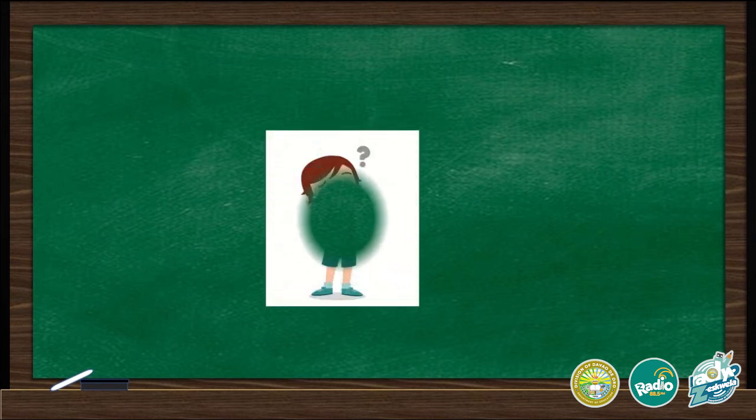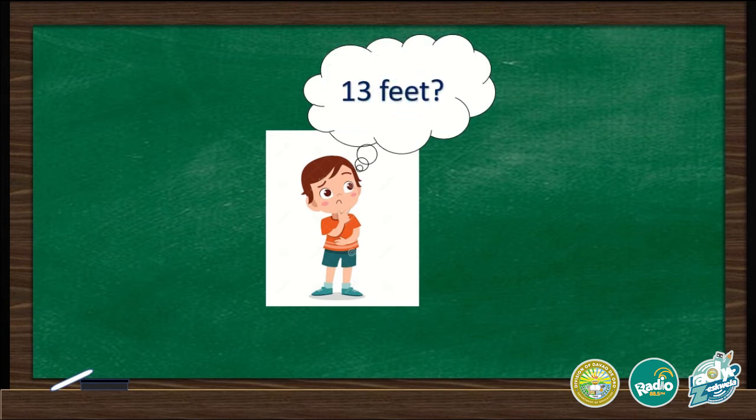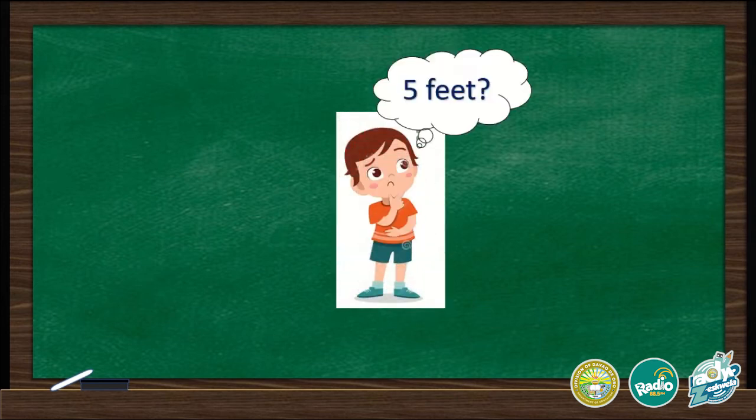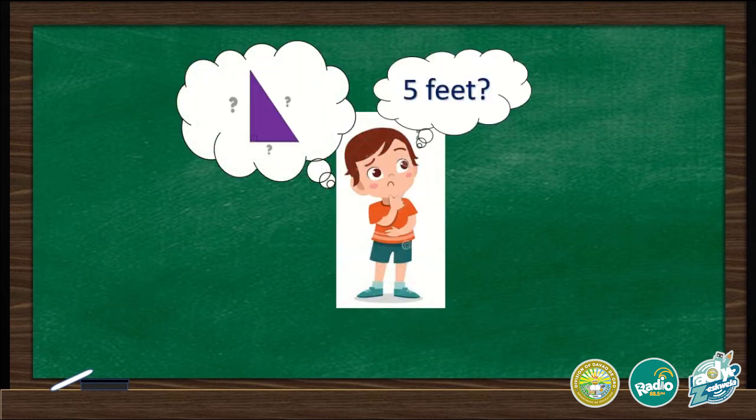If you were to draw the illustration, what part of the right triangle is 13 feet? That's right! The ladder represents the measurement of the hypotenuse. How about 5 feet? Correct!